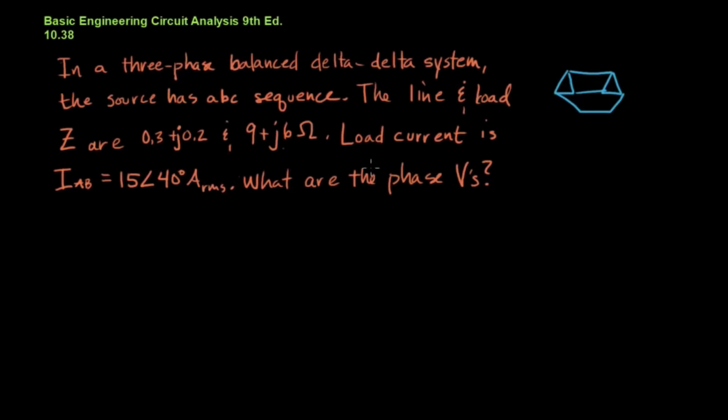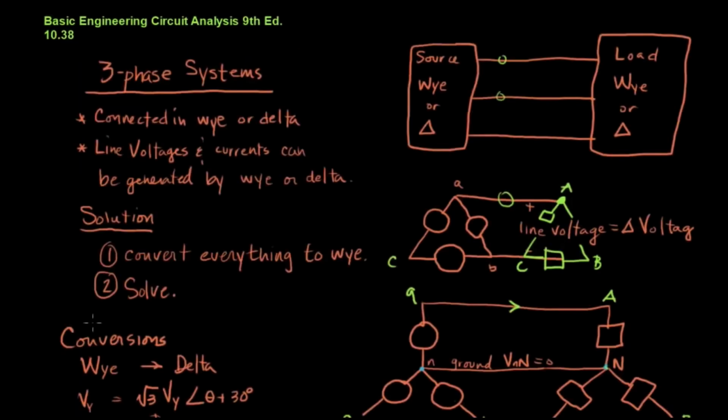And then we're given a load current. Notice that the load current, well, it's called a load current, which means it's the current across a delta load, but it's also further labeled IAB. Okay? If you go back to the graphic here, we're talking about capital AB. We're talking about a current across a load.